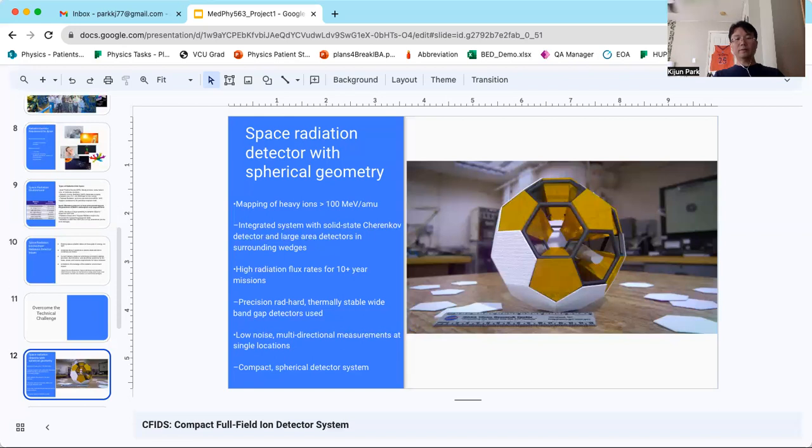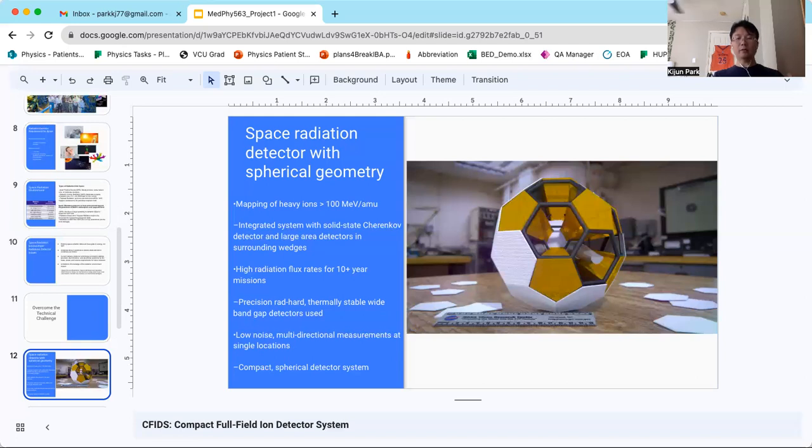In terms of energy, it can cover electrons of more than 100 MeV, so particles of 100 MeV can pass through this detector. Precision, radiation hardness and thermal stability are going to be better than before, so it should have high resistance to the radiation environment and to temperature, and it can operate with a low level of noise.